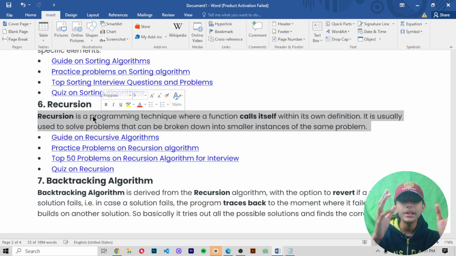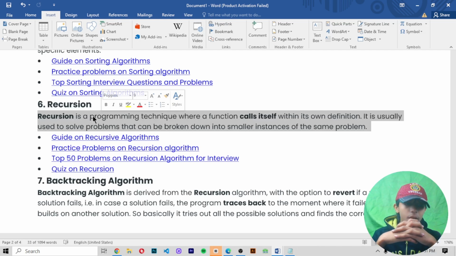It is usually used to solve problems that can be broken down into smaller instances of the same problem. We make a detailed video on the recursion algorithm, with a guide on recursive algorithms, practice problems, the top 50 recursion problems for interviews, and a quiz on recursion.